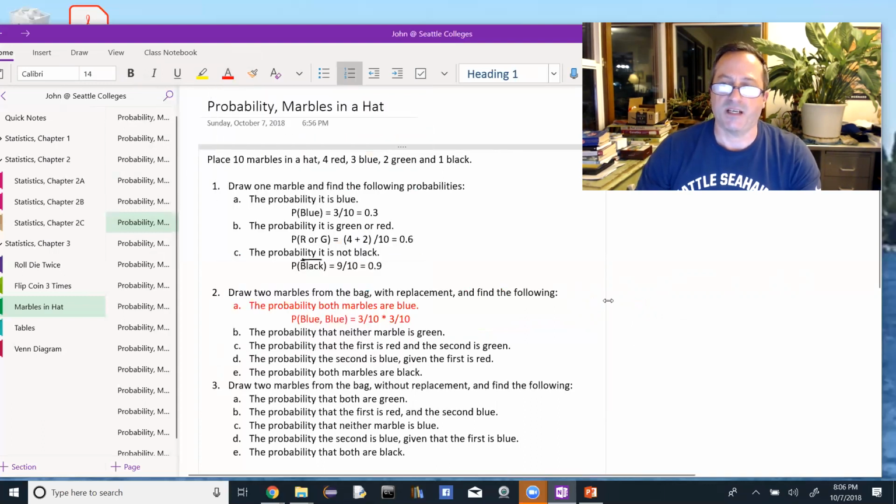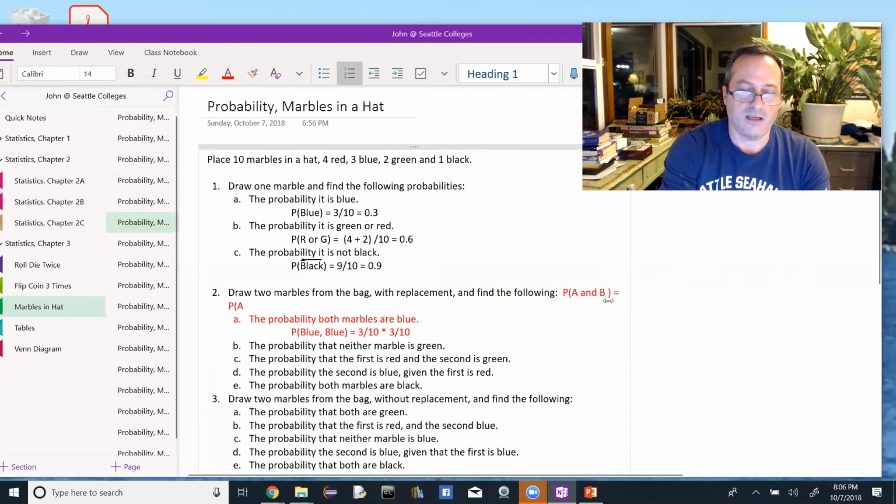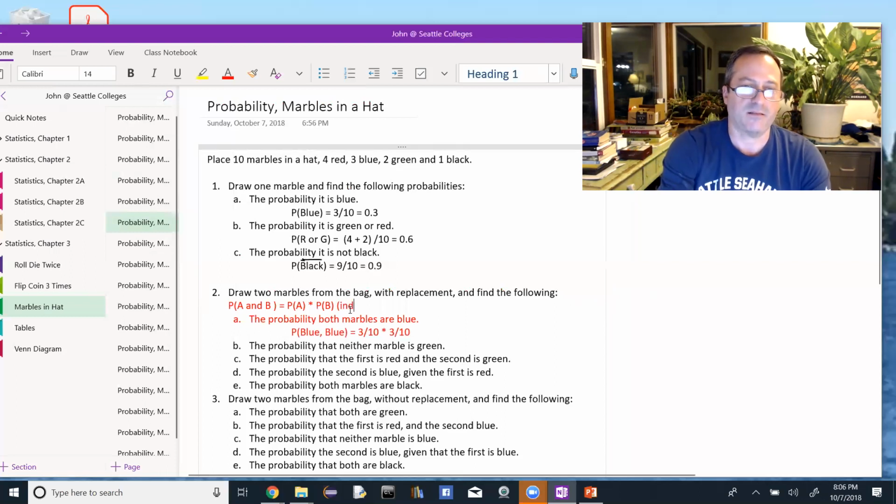I wasn't going to write the formula down, but I think it might be useful here.